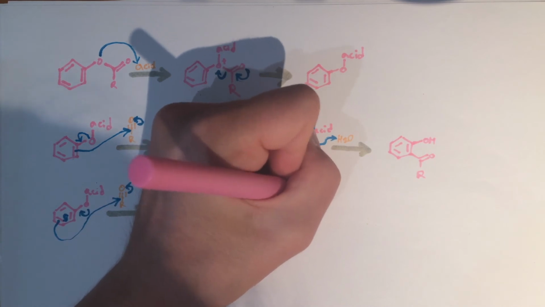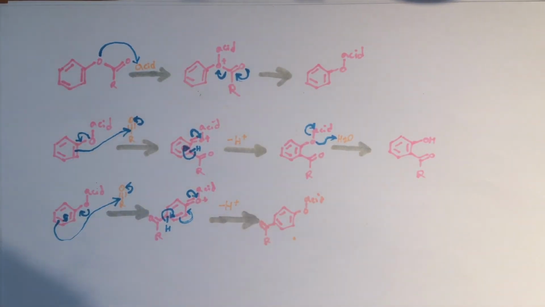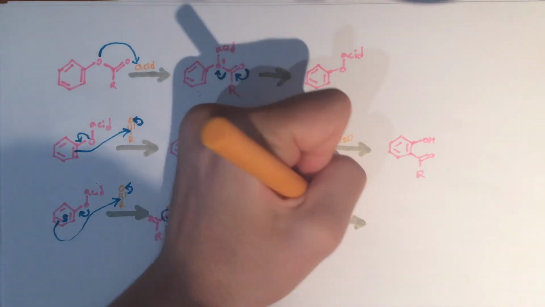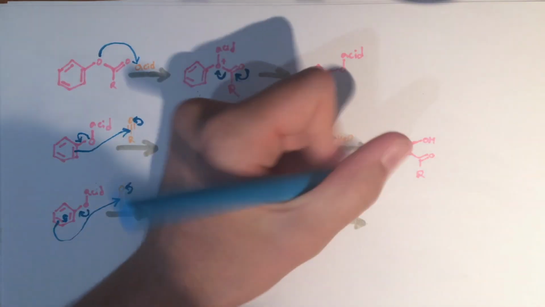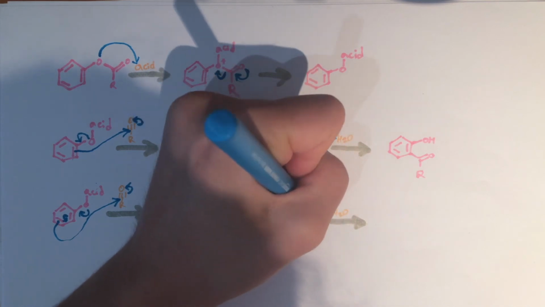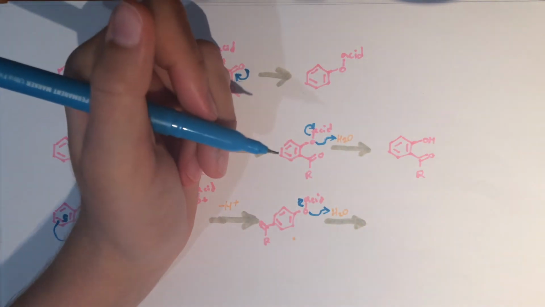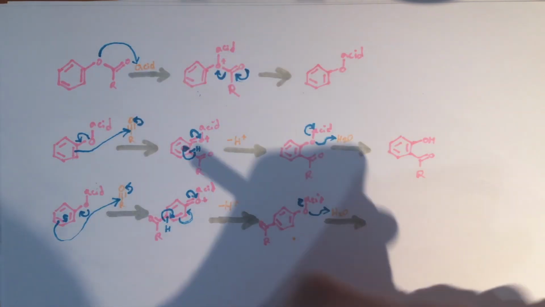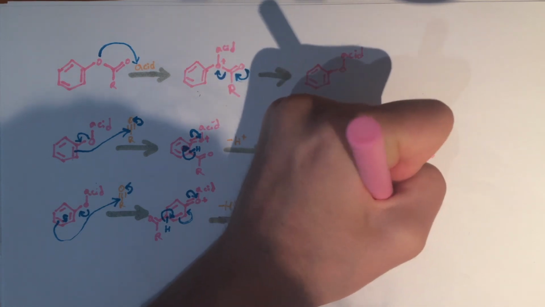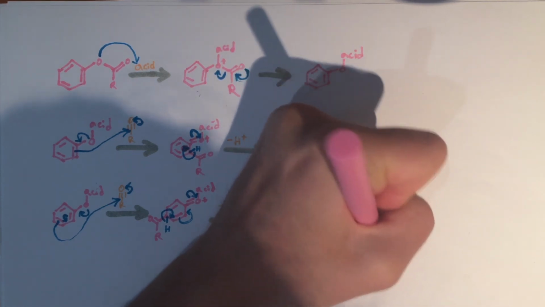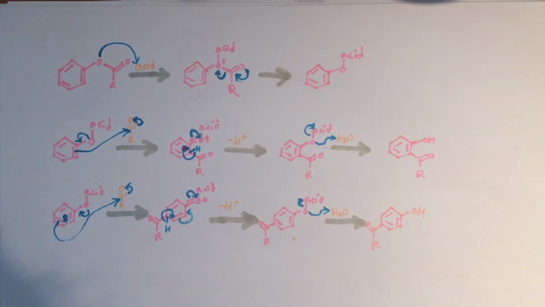And then again, you have H2O, and the ether is going to switch back into an alcohol. And you get the para rearrangement. Ooh, I ran out of space. The para rearrangement. So these are the two molecules that you get.